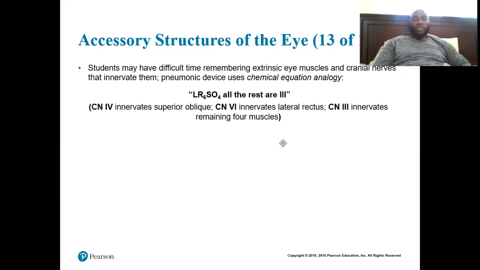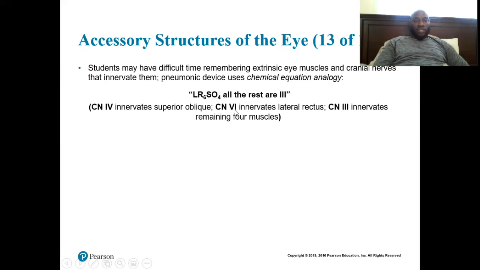Okay, this is the way you can remember which muscles are innervated by which cranial nerves. It's a mnemonic device that uses a chemical equation and analogy: LR6, SO4, all the rest are 3. So cranial nerve 4 innervates the superior oblique, SO4.